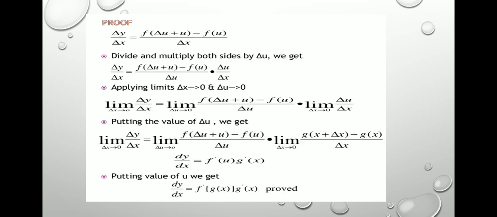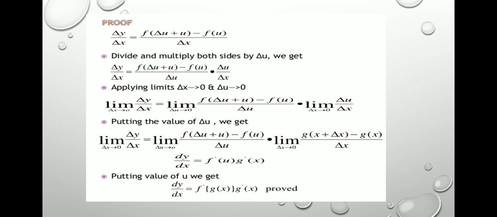Limit of Δy over Δx as Δx approaches 0 is equal to the limit of f(Δu + u) minus f(u) over Δu as Δu approaches 0, times the limit of Δu over Δx as Δx approaches 0.